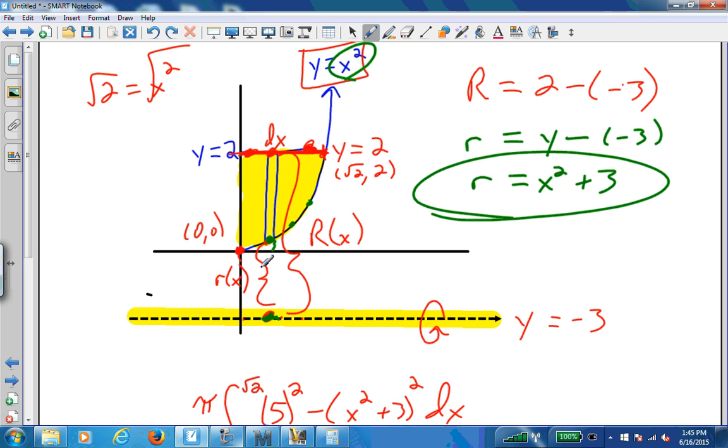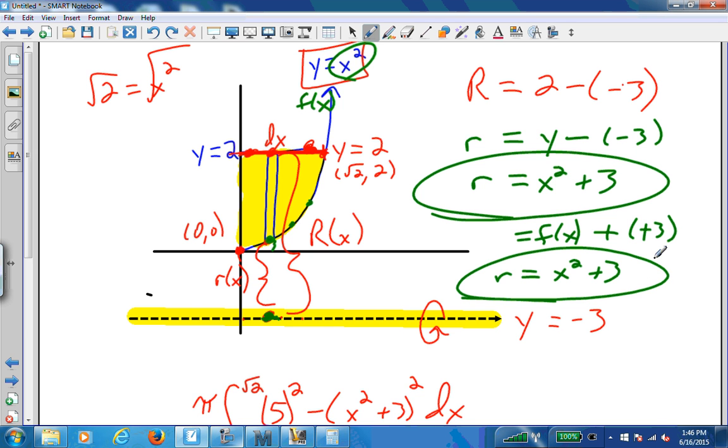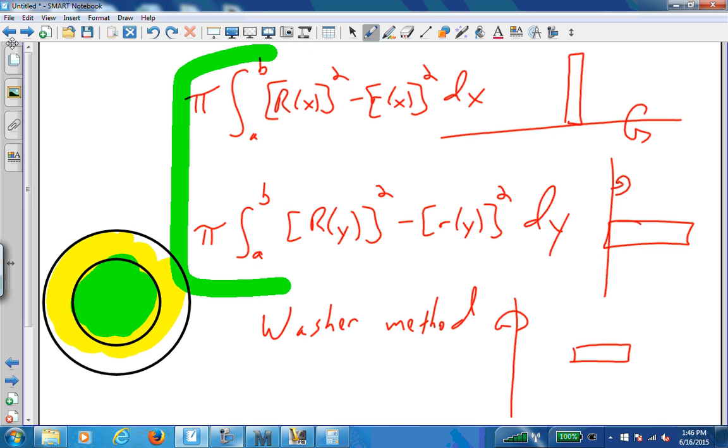So that height minus this height gives you little r. That height we could call f of x, so f of x minus this y. f of x is x squared, so x squared plus 3. Then you just substitute into your formula.